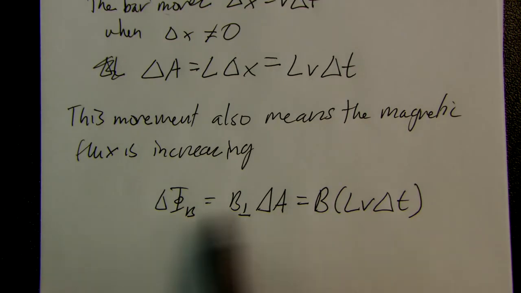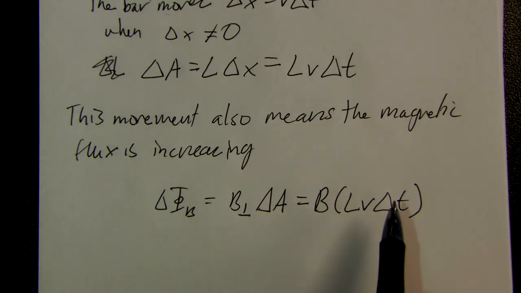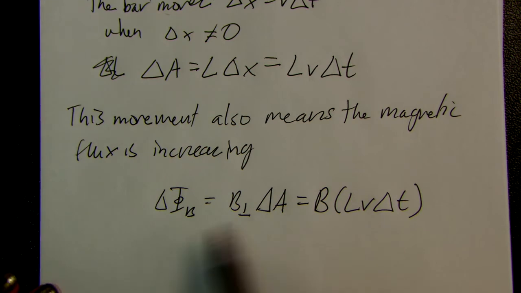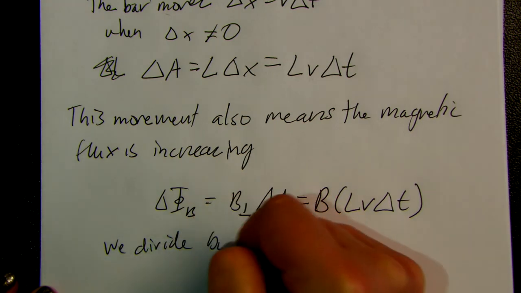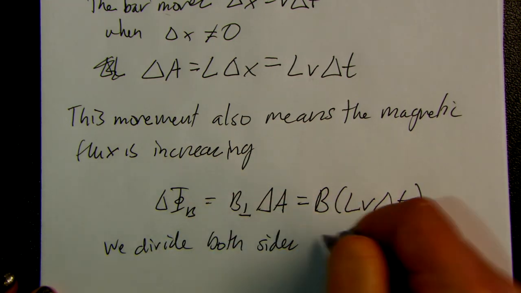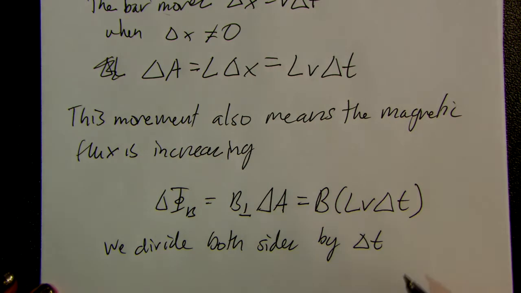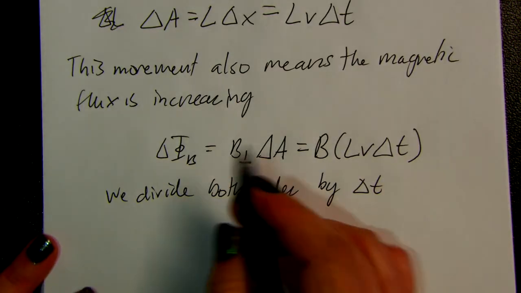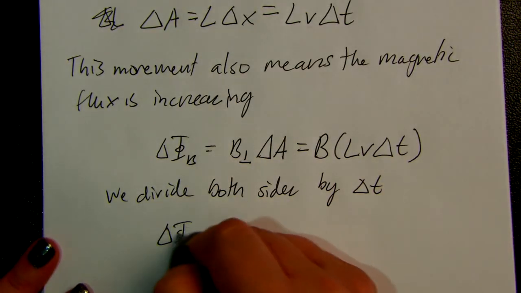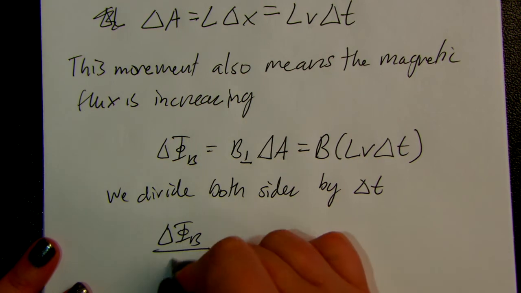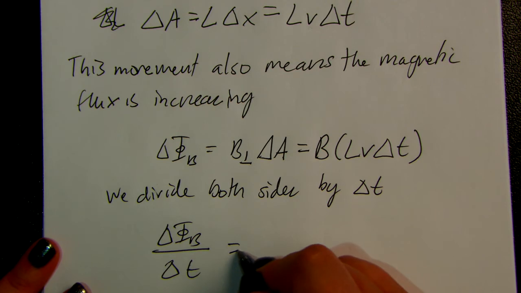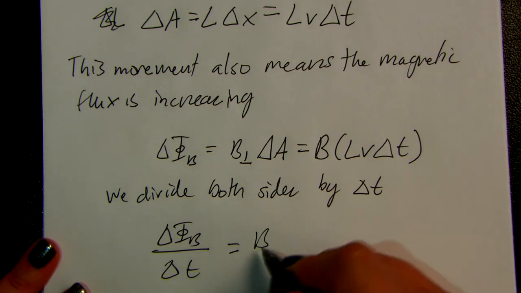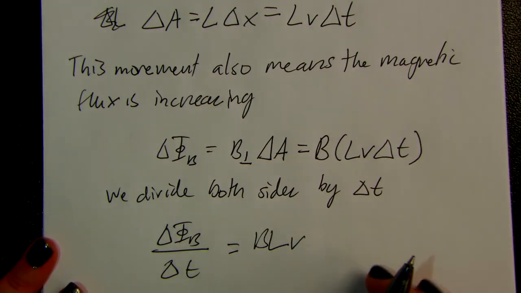And to get the change in flux with respect to time, we can just divide both sides by delta t. And so you get delta flux over delta t is equal to B L V.